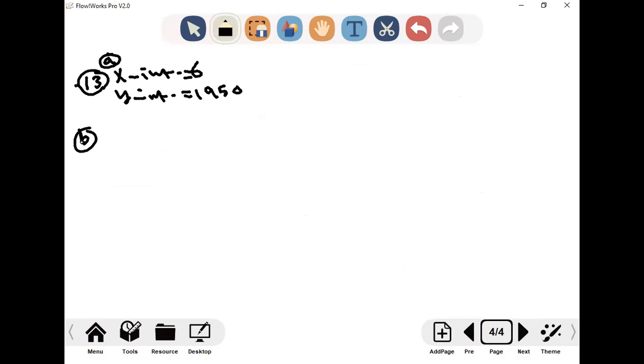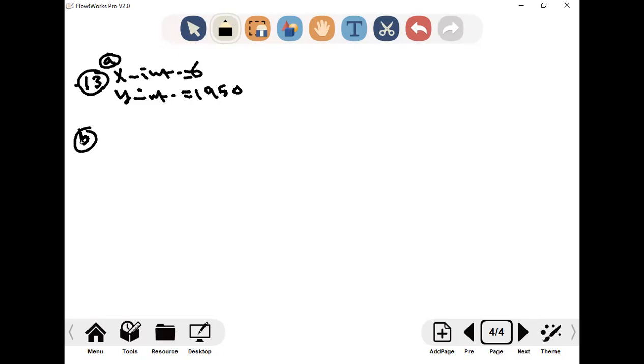Now, part B. Describe what the intercept means in the context of the situation. Let's look at the table. Time and money, right? X is the time. Y is the money. Balance 0, right? So, in the x-intercept, when it is 6, the money should be what? 0.